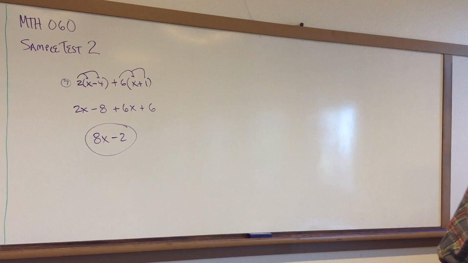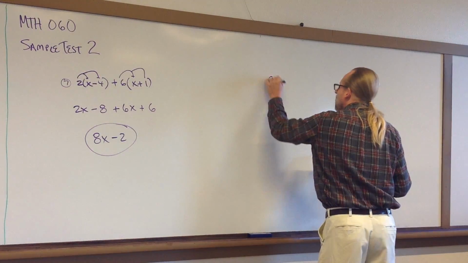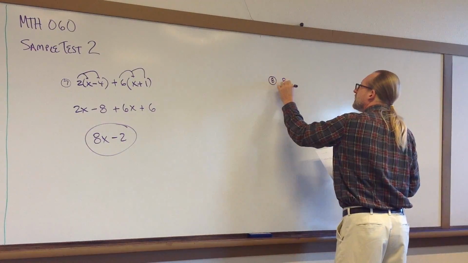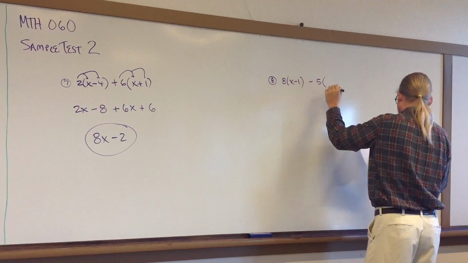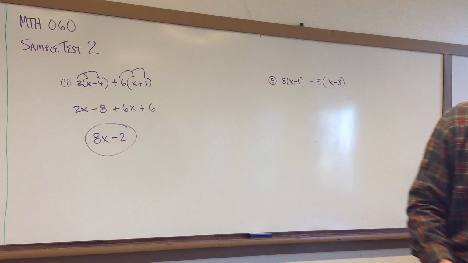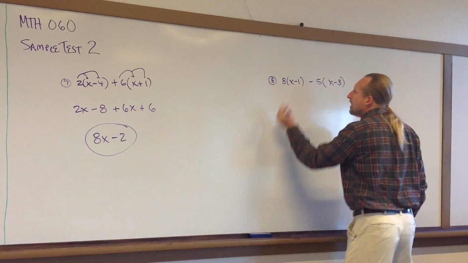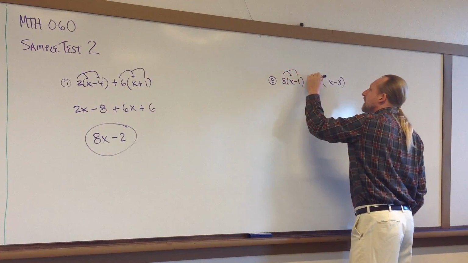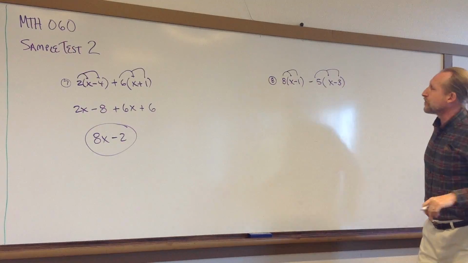All right. Problem 8. Let's see. 8 times x minus 1 minus 5 times x minus 3. So similar process here. We have to distribute the 8 inside the parentheses and then distribute this minus 5 into these parentheses.